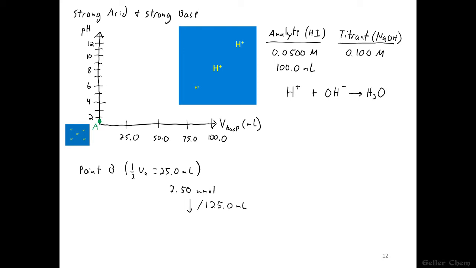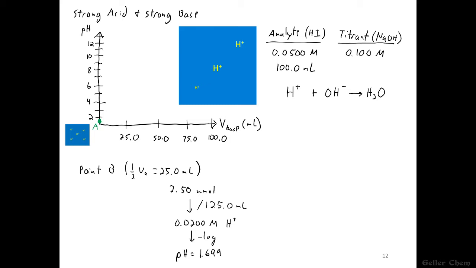And that gives us 0.0200 millimoles per milliliter, or molarity. And specifically, we're talking about H+. And so now we should know what to do. Negative log. And we get pH is equal to 1.699. So let's add that to the titration curve.